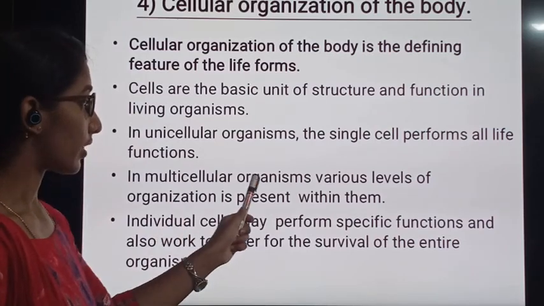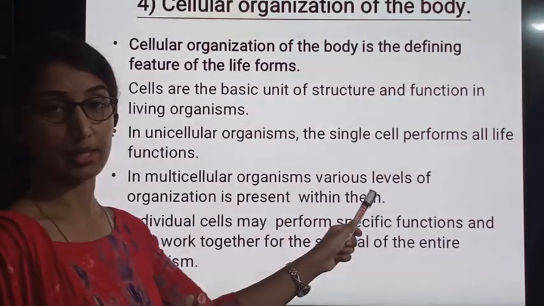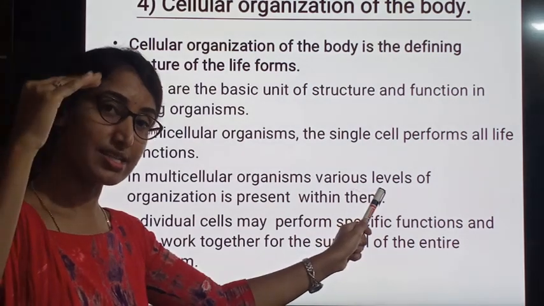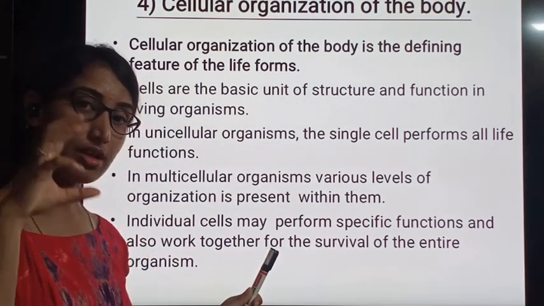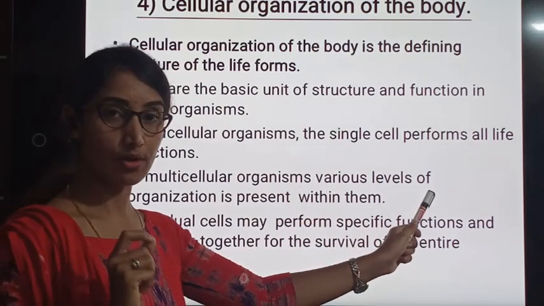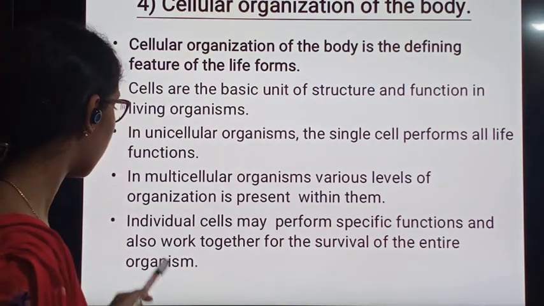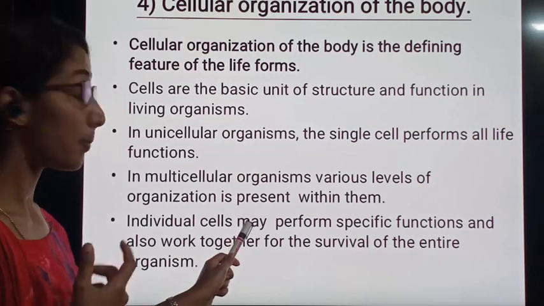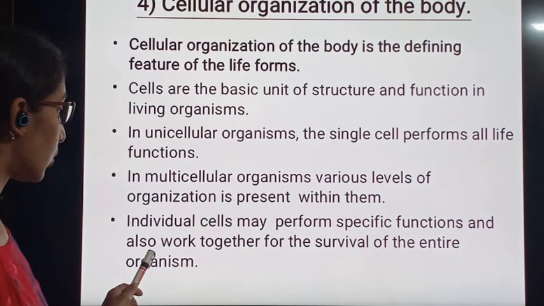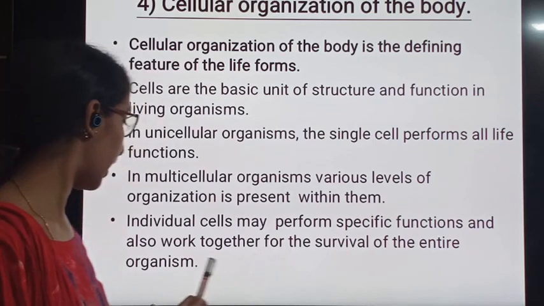In multicellular organisms, various levels of organization are present, meaning tissue level, organ level and organ system level. Individual cells may perform specific functions and also work together for the survival of the entire organism.